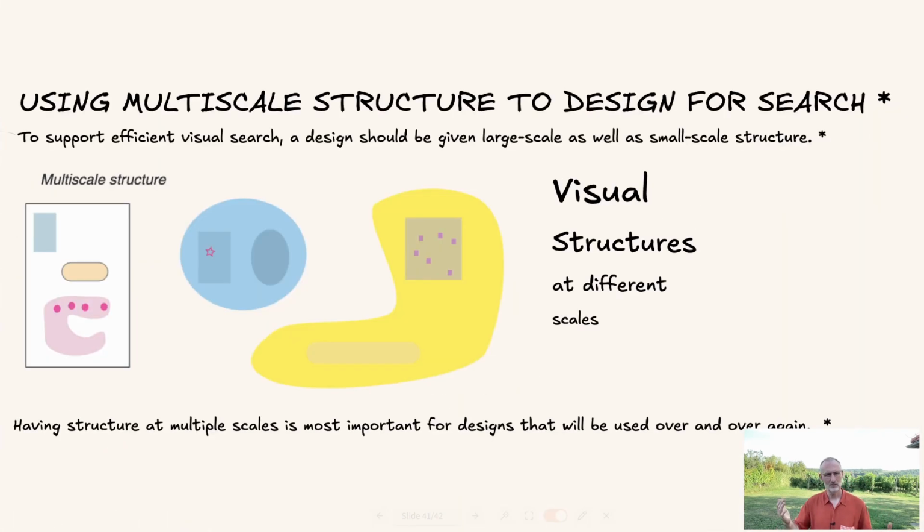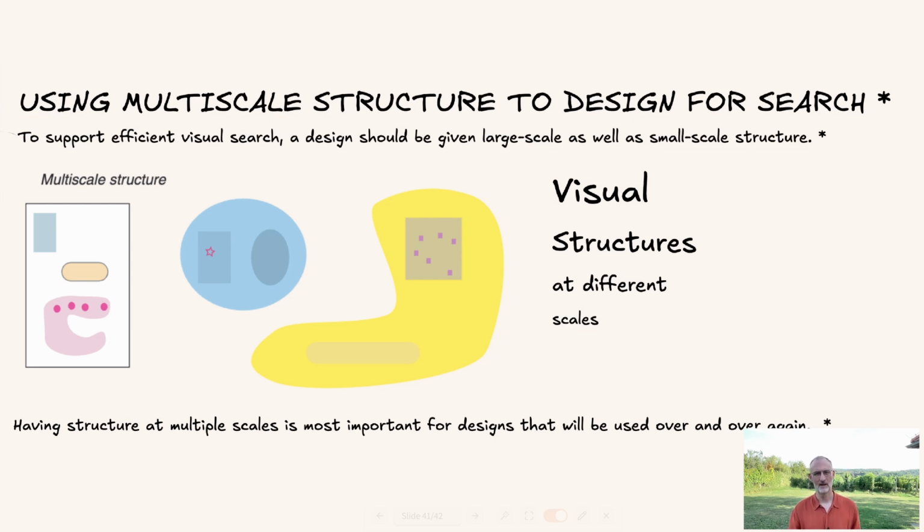And then finally, to conclude the conversation, there's another approach that Colin explains, and this is about using multi-scale structures to design for search. In this case, you will first look for the structural part where the information you need is, and then you'll dive in with a next glance or a third glance to find the actual information you want.